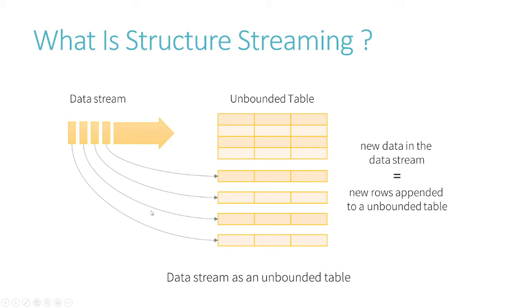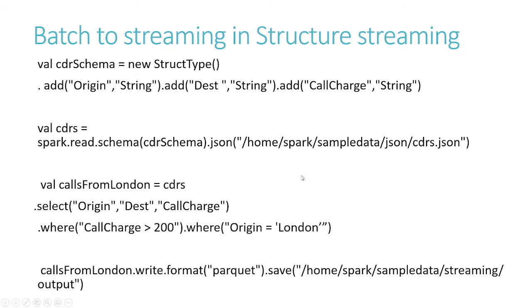Then the tweets which come in the latest or the current minute would be appended into the table. So structured streaming considers streaming data as a table. New data in the stream would be appended in the infinite table. That is what the concept is.